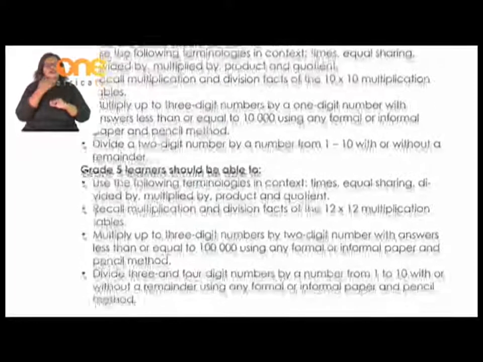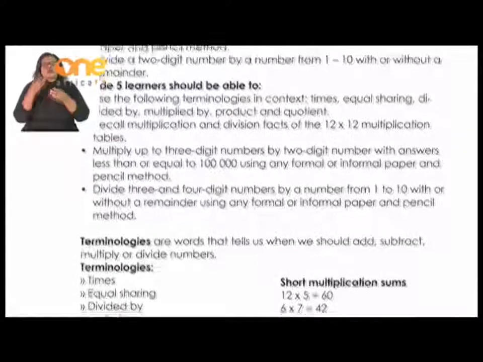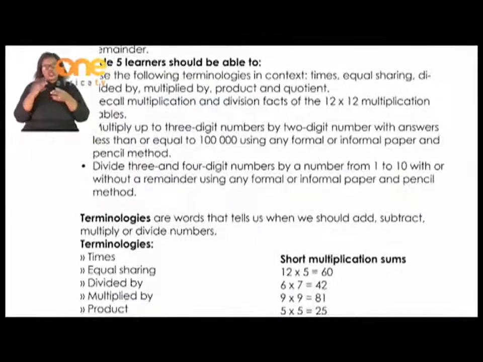The basic competency for grade 5. The learner should be able to use the following terminology in context: times, equal sharing, divided by, multiplied by, product, and quotient. Second competency, learner should recall multiplication and division facts of the 12 times 12 multiplication table.